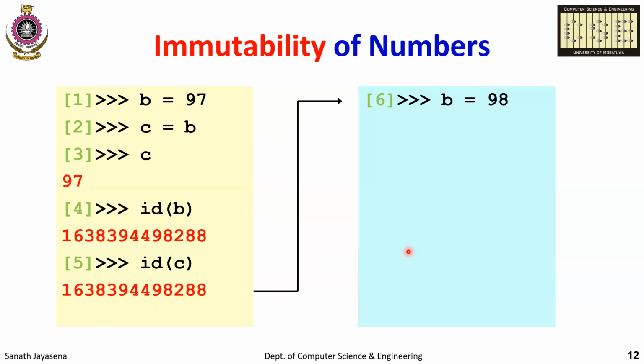If numbers are immutable, one thing we can guess is that we are trying to change the value of that object that b refers to. The current value is 97. Are we going to change it to 98? In that case, Python will complain or give an error message saying it cannot change. Will that happen? We just try it out.